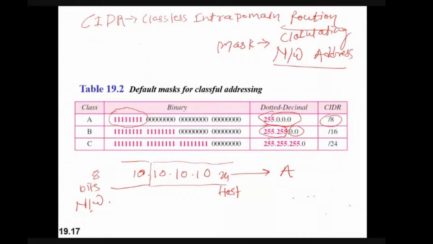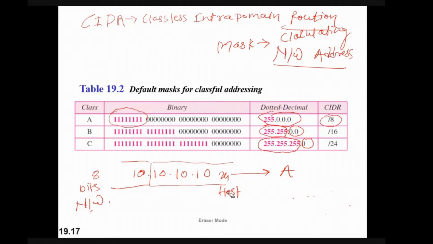Similarly, class C, first 24 bits are in the network part, remaining are in the host part. So these 24 bits are all 255, and the host part is made as 0. So remember in the mask, the host part is 0, network part is 255.